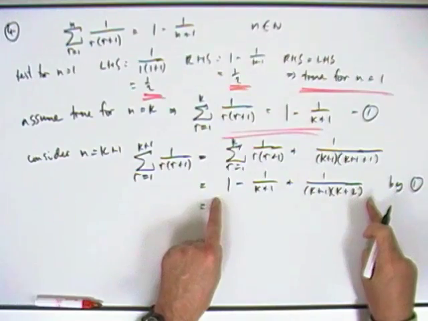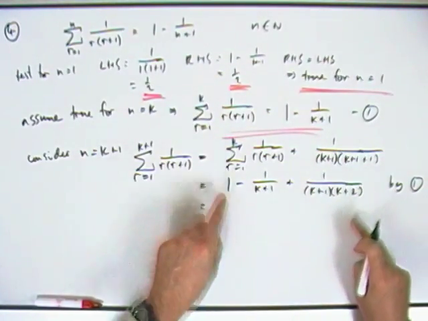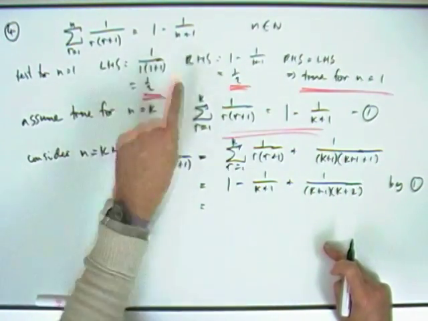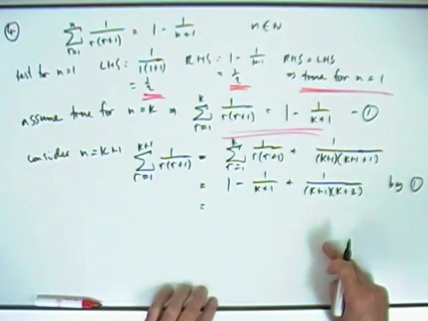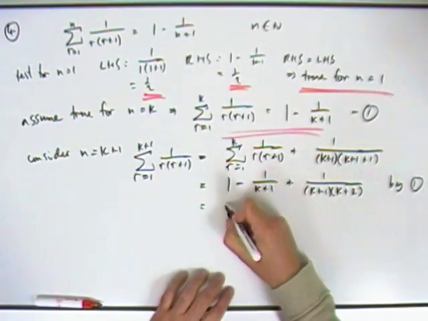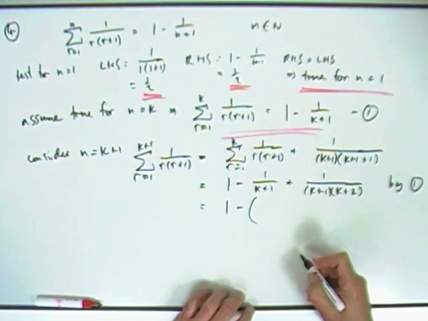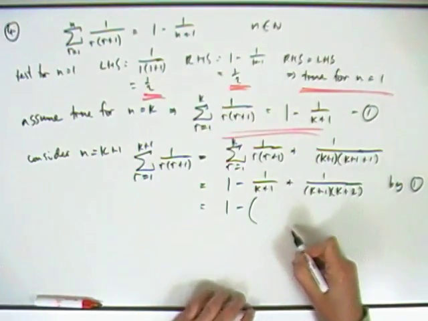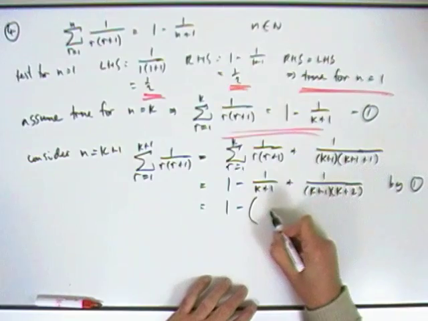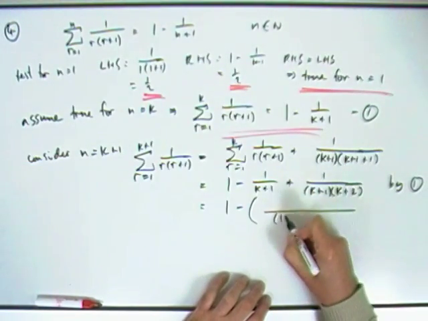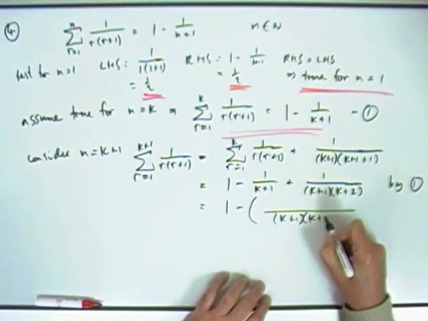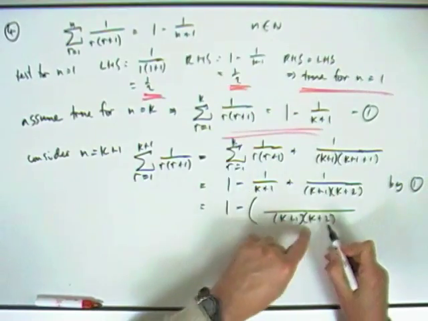And now somehow I've got to make this rearrange back into this original form, only with that n as k plus 1. Well, I want 1 minus, so I'm going to preserve that minus by putting a bracket in here. Then these two fractions, I'll put these two together. So I've got a k plus 1 and I've got a k plus 2. That will need the k plus 2.